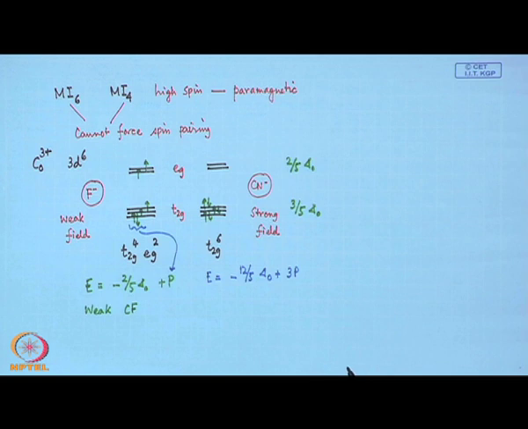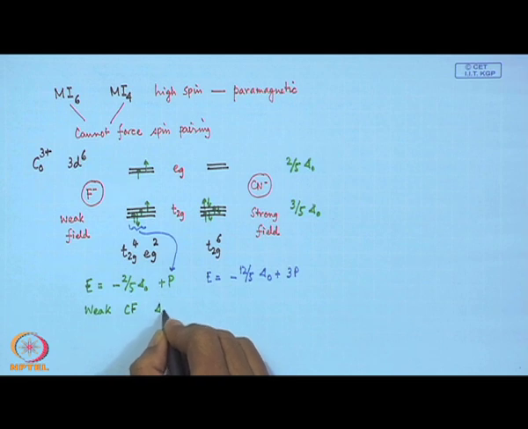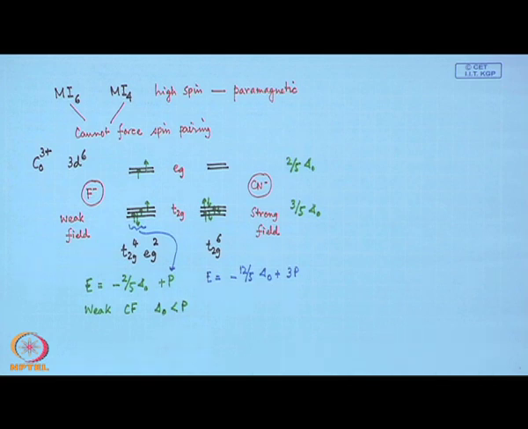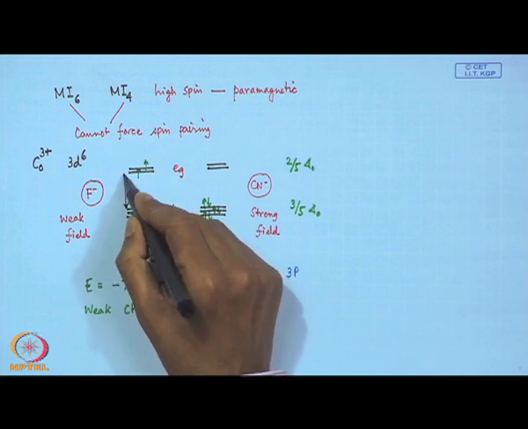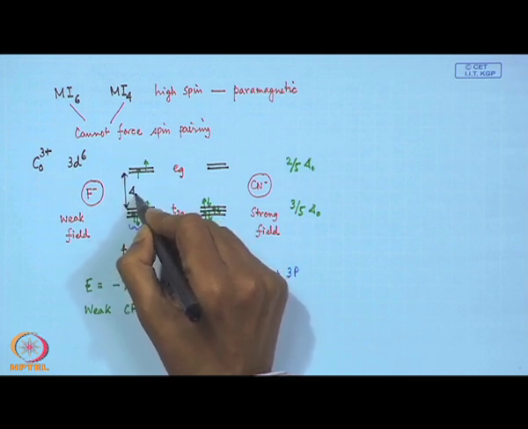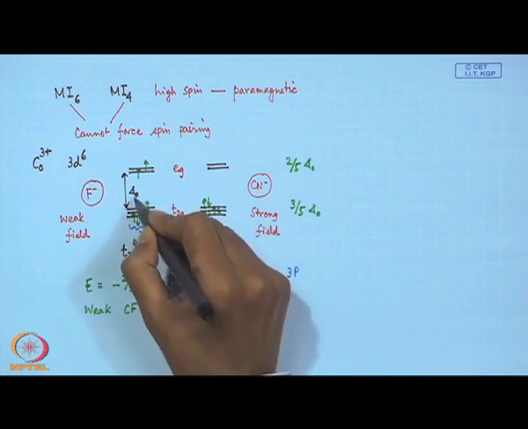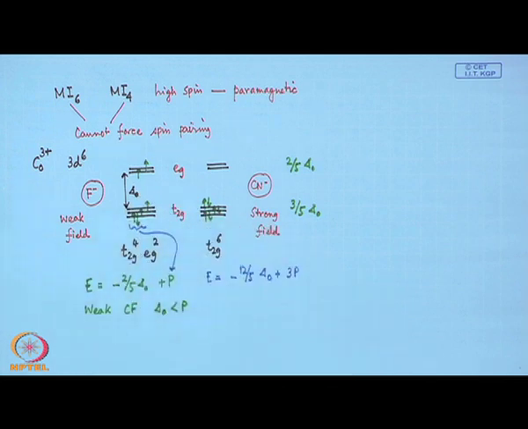On the left hand side we have a weak crystal field, and in that situation delta O of the octahedron is less than P. That means this separation is less than the pairing energy.